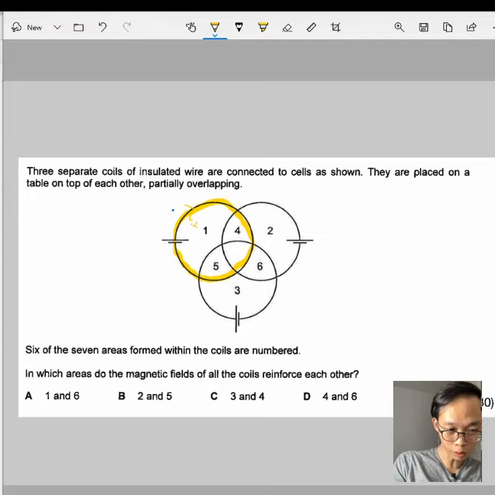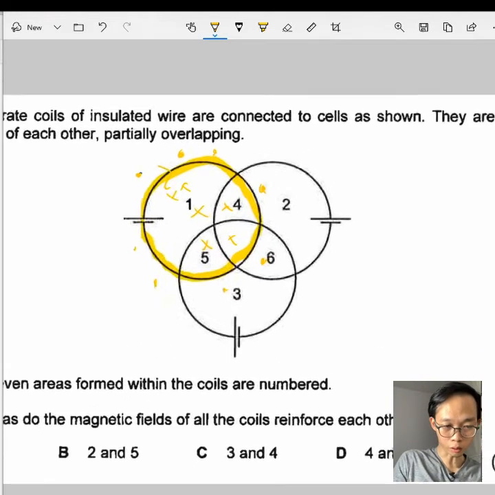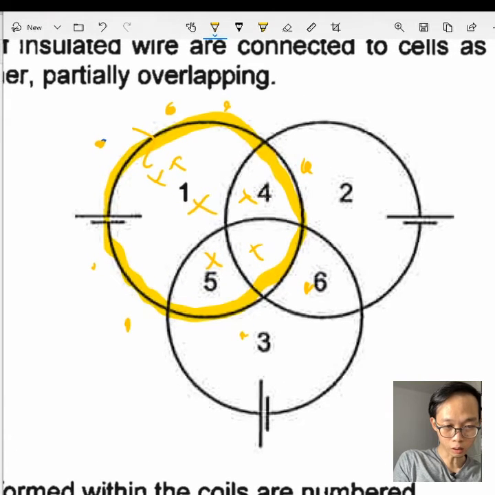Let me quickly do that. Okay, so notice that what I've done here is I've drawn crosses and dots to represent the magnetic field into the page and out of the page at the various regions that this coil encompasses, even those that have an overlap. We can use 2 more colors to draw the magnetic fields due to the other 2 coils.